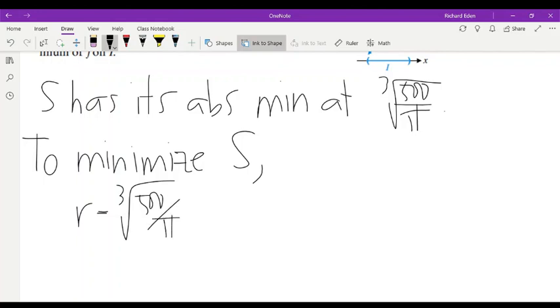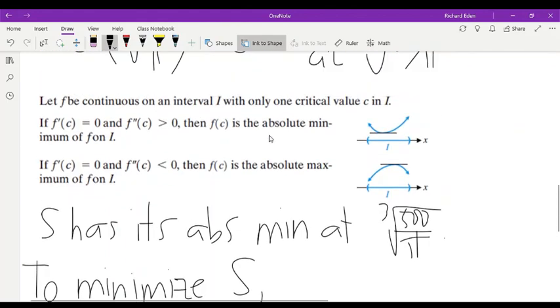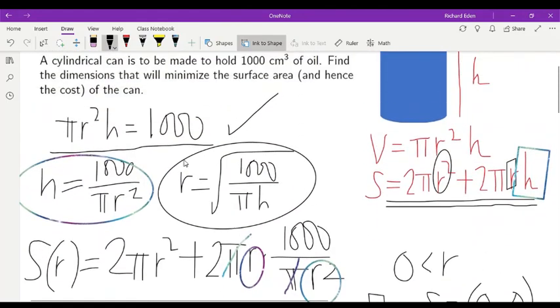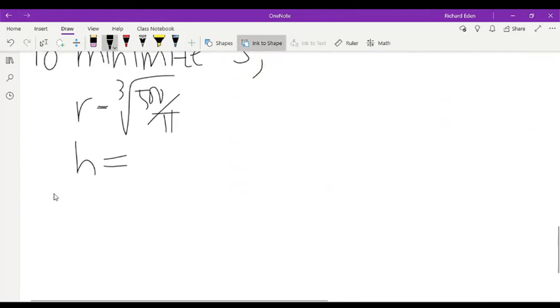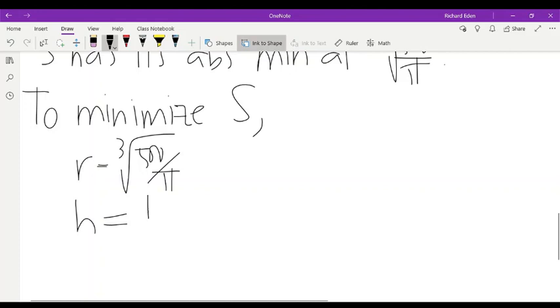And as for the height, we only need to go back to this 1000 over pi r squared as the corresponding expression for the height. So h is 1000 over pi r squared.